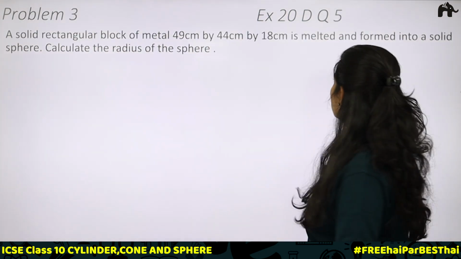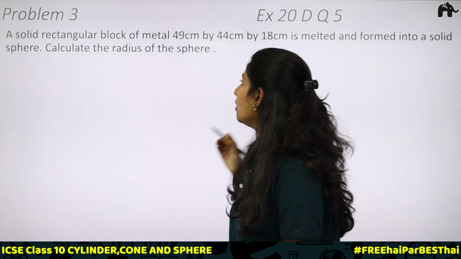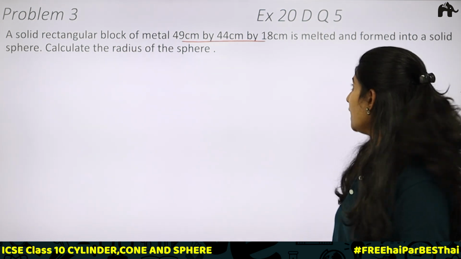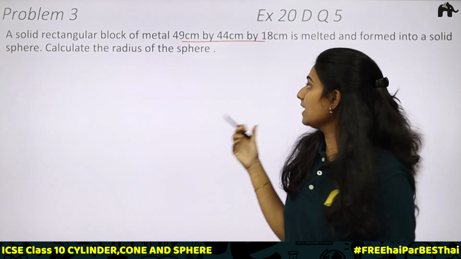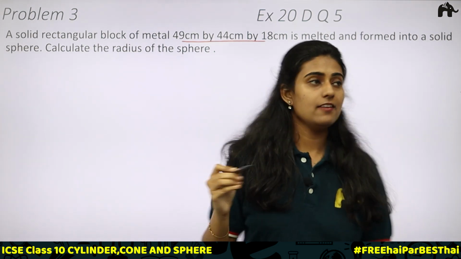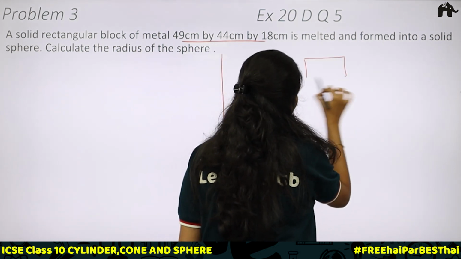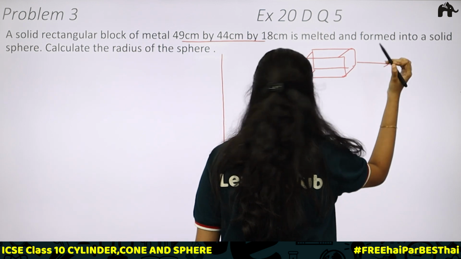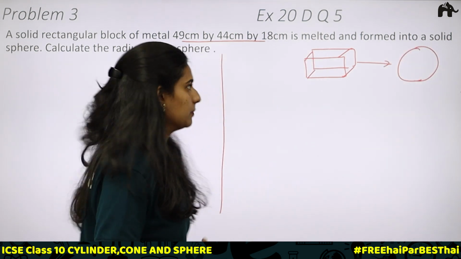Okay. Problem number 3, question 5 of exercise 20D. A solid rectangular block of metal 49 cm by 44 cm by 18 cm is melted and formed into a solid sphere. Calculate the radius of the sphere. We have a rectangular block which is converted by melting into a solid sphere.